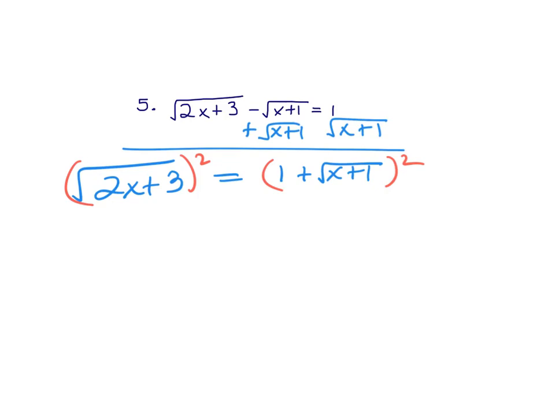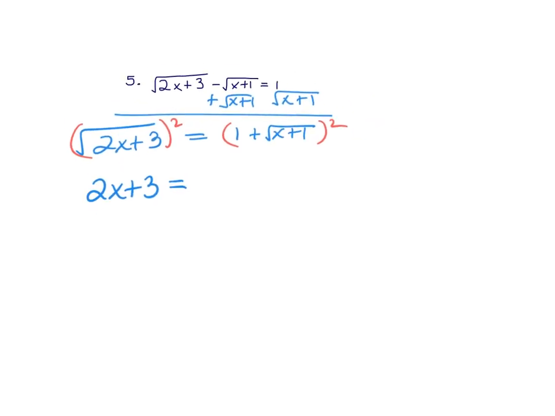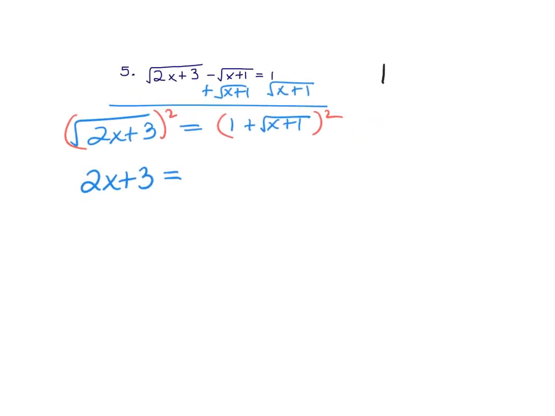Now, the right side's going to get messy because we have to FOIL that thing. So the left side was easy. The 2x plus 3 just comes out. However, this right side, the 1 plus square root of x plus 1, I'm FOILing this. So I'm going to do first, and I get 1.